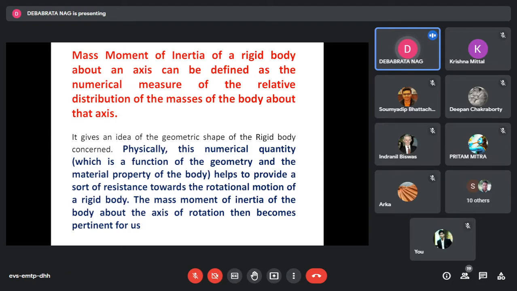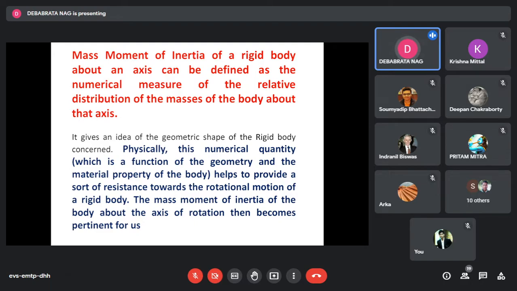It has some physical meaning, but the whole thing comes from a mathematical point of view. So it can be about any arbitrary axis. It happens that we use this mass moment of inertia concept in our dynamics, where the whole thing needs to be evaluated with respect to the axis of rotation.